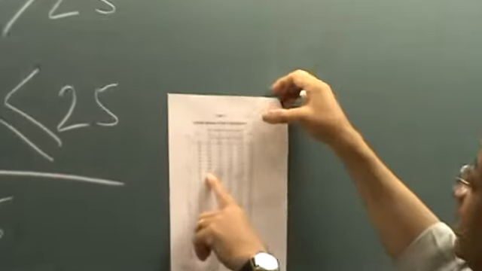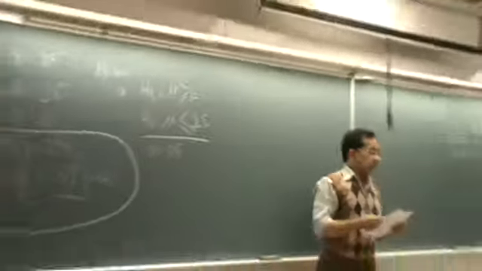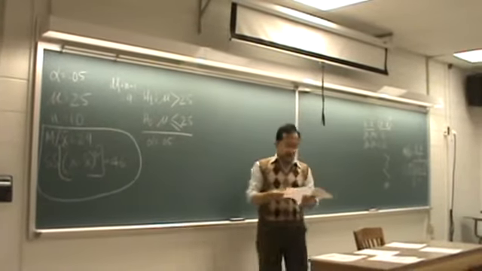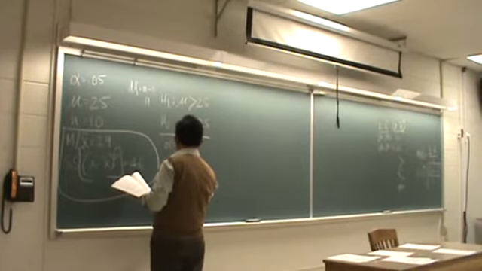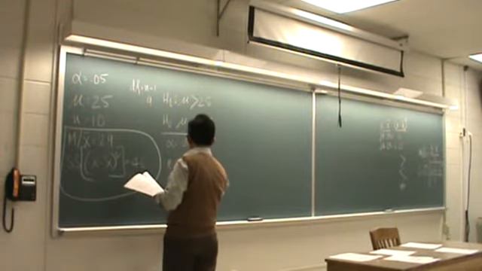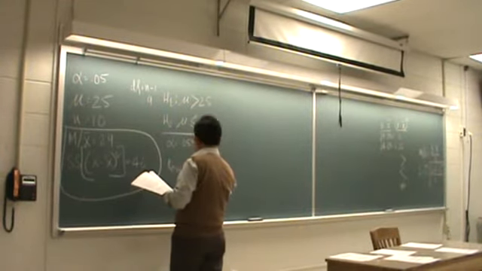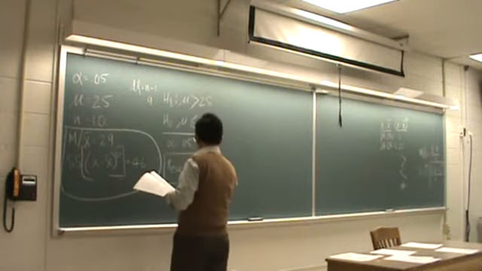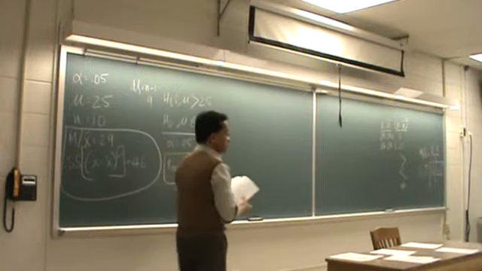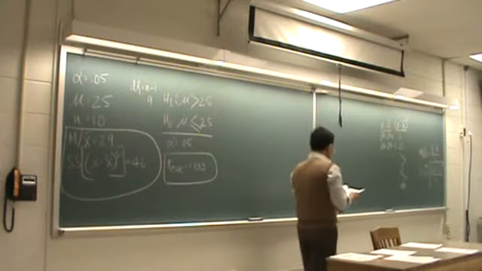So the T critical is 1.833. Did you see it? T critical. That's the T critical value.